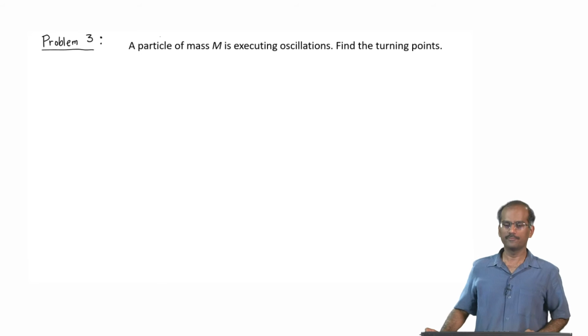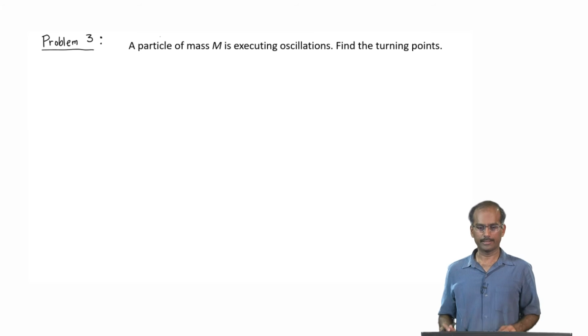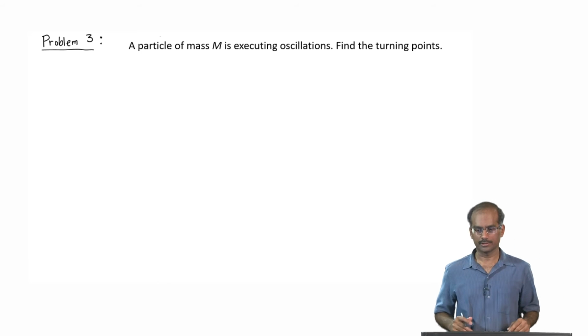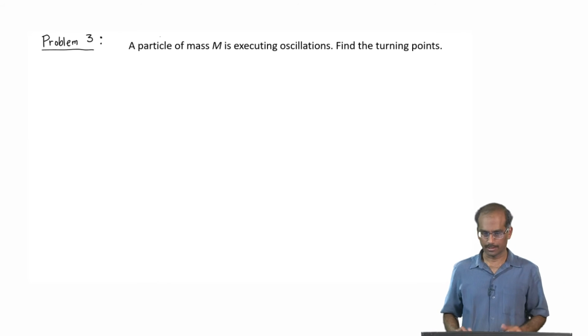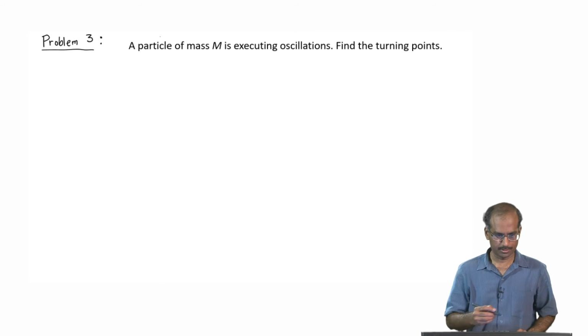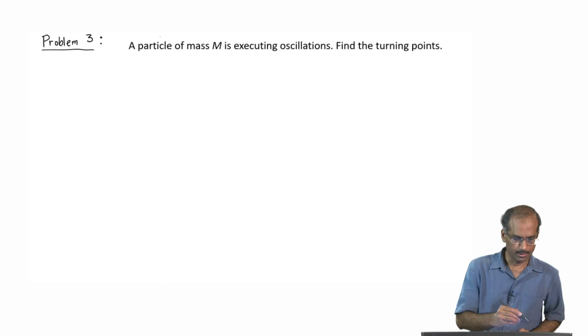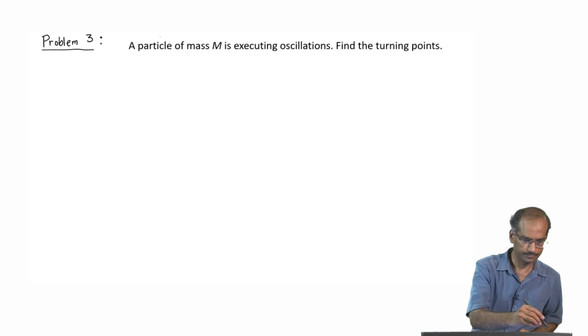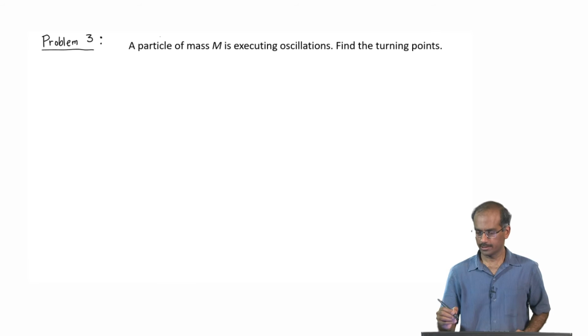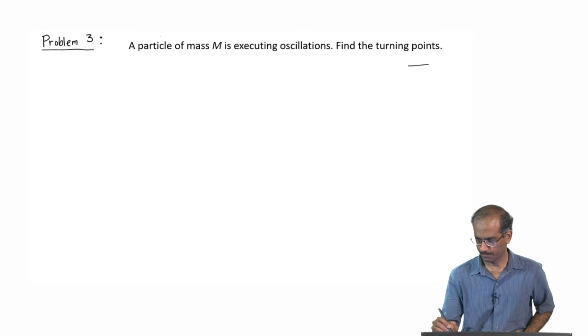So, in this problem we will deal with the case of a particle of mass m that is executing oscillations, and we will find the turning points. Let me first explain this problem through an example. Consider the example of a pendulum.